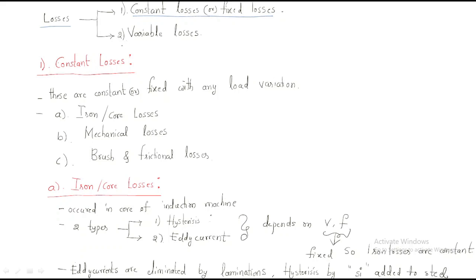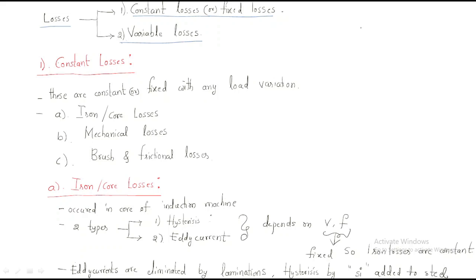The second is the variable loss, which may vary. As the name itself says, constant losses are fixed for any load condition. They don't depend on load variation. If the load increases or decreases, there is no change.